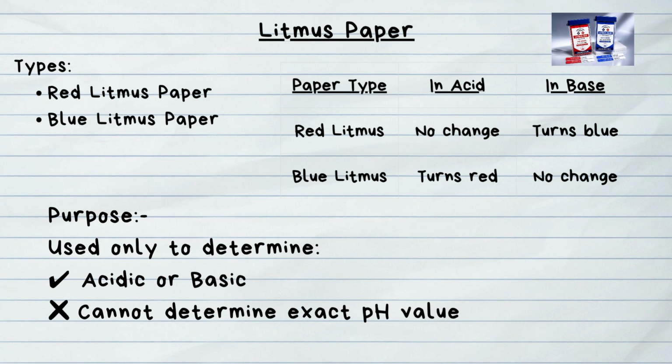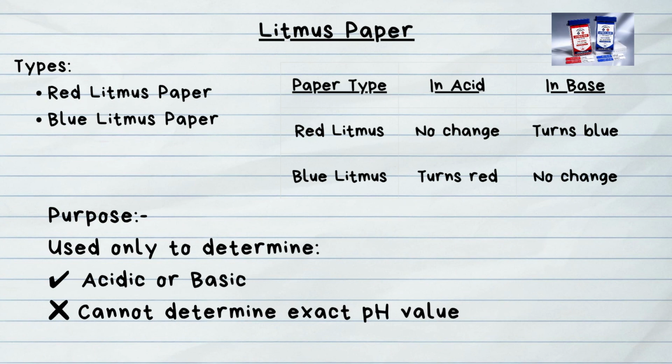Now for blue litmus paper. If it touches an acid, it turns red. And in a base, no change. Remember this important point. Litmus paper only tells us, is it acidic or basic? But it cannot tell the exact pH number.